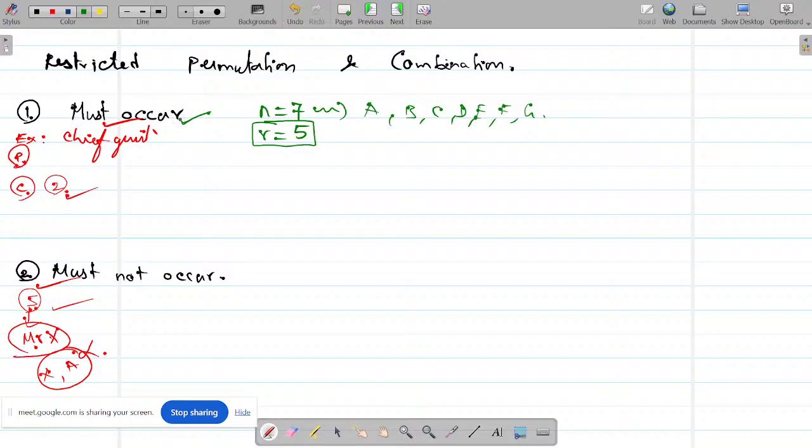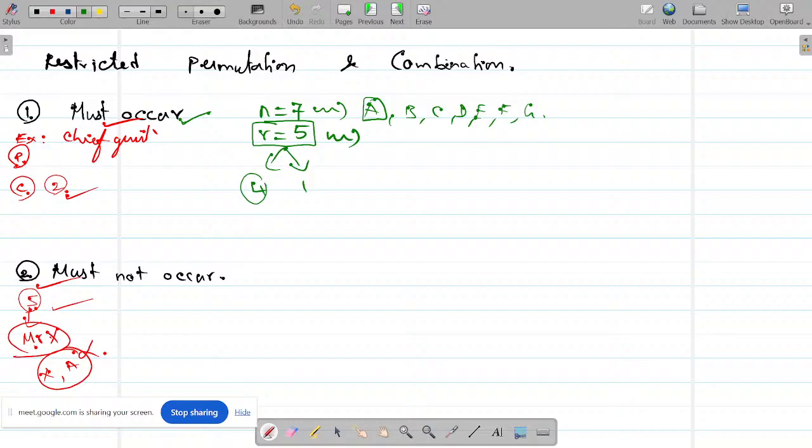In some programs you might have seen the judges and chief guests have a separate chair arrangement. So I name this person A as the important person, the must occur case. The remaining four chairs, I don't know who it is, which means this five I can split as 4 and 1. Am I right?